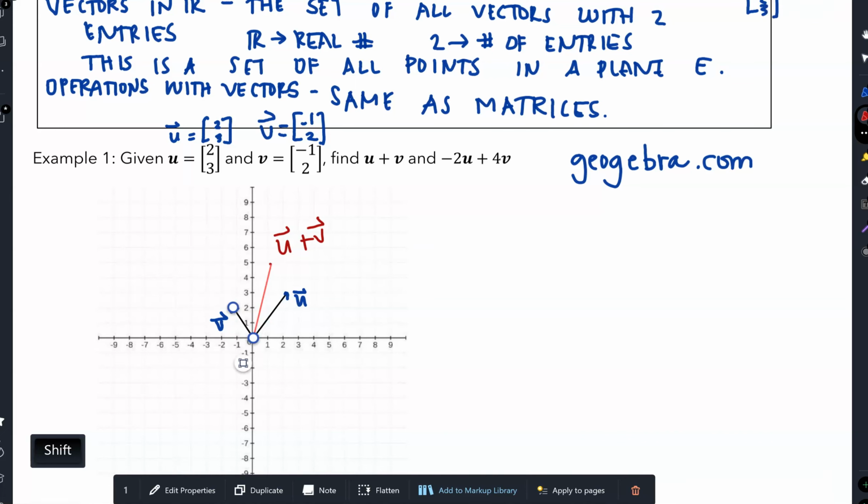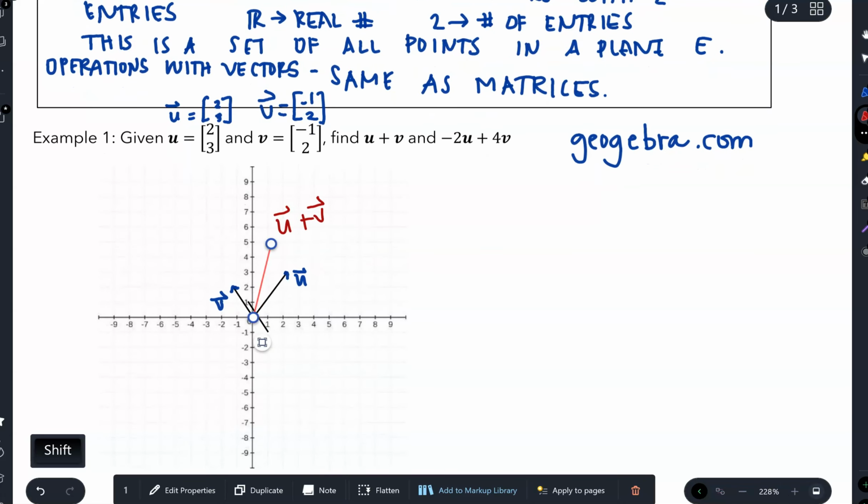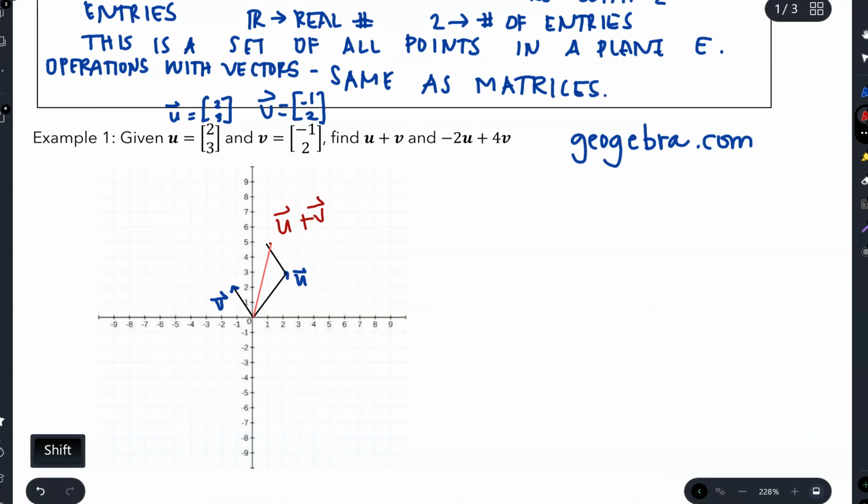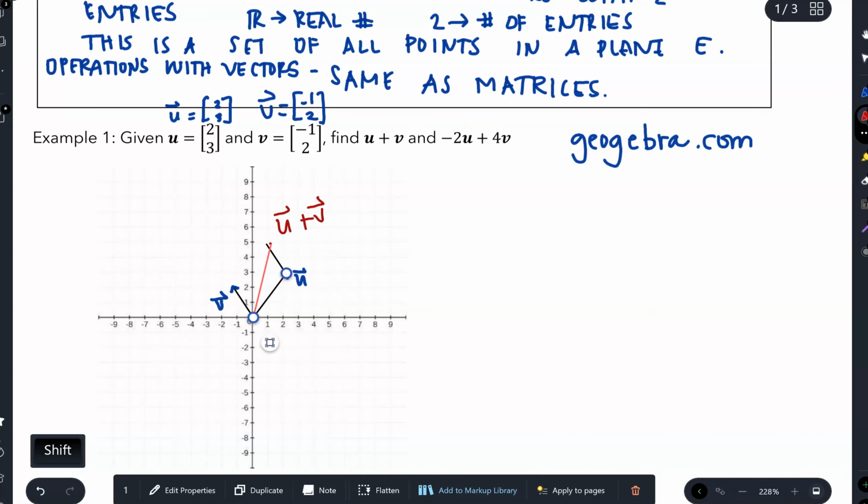Let's copy this. I'm trying my best here. I didn't do a very good drawing, but if we finish this up, it's going to make a parallelogram.